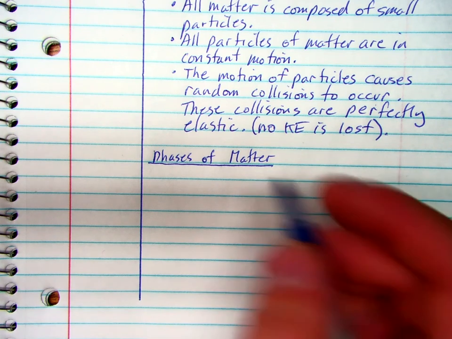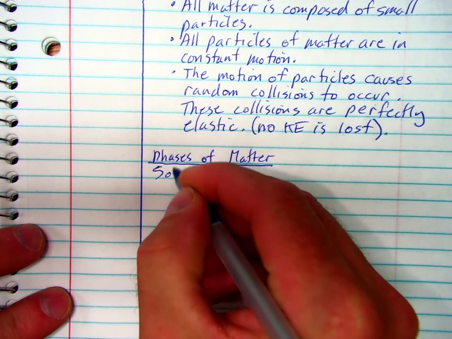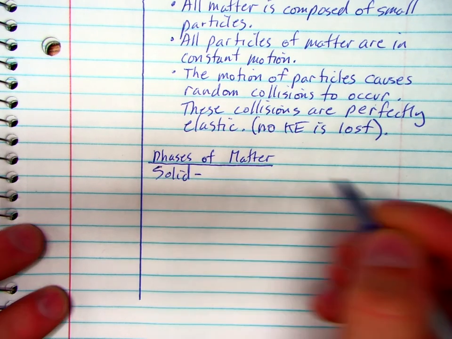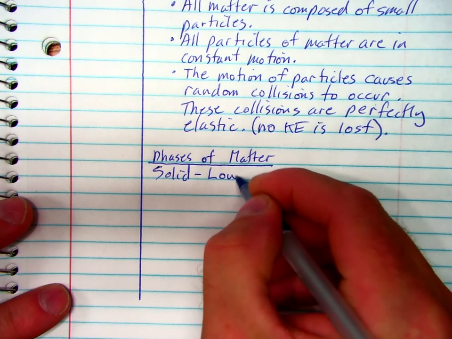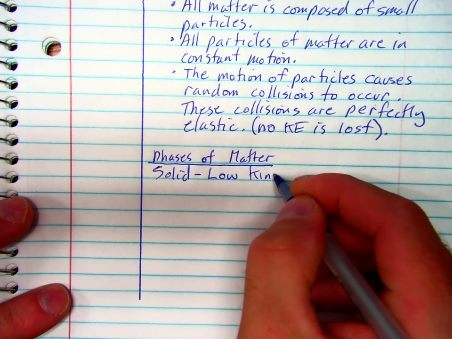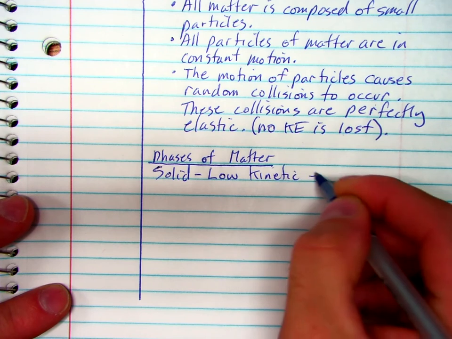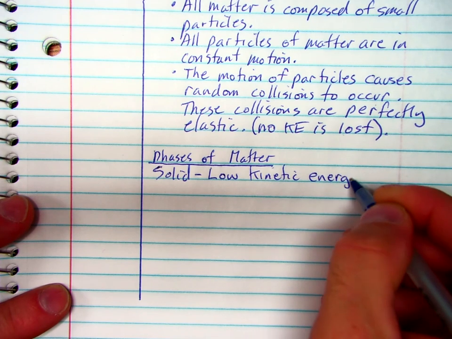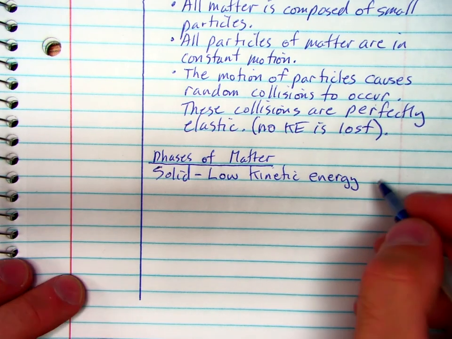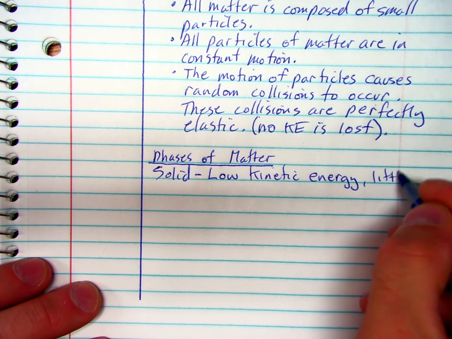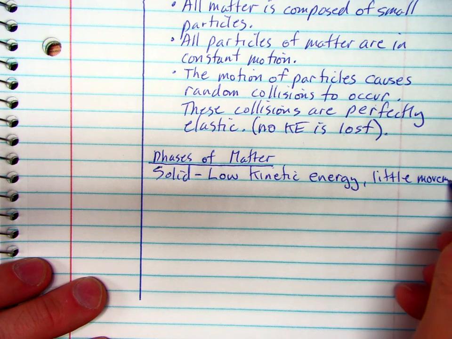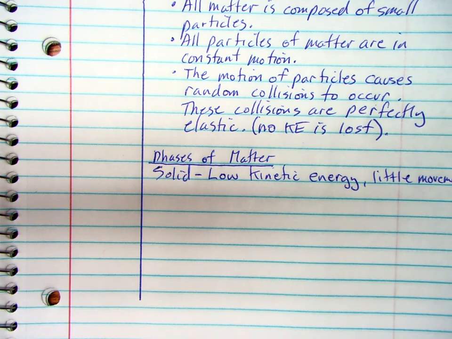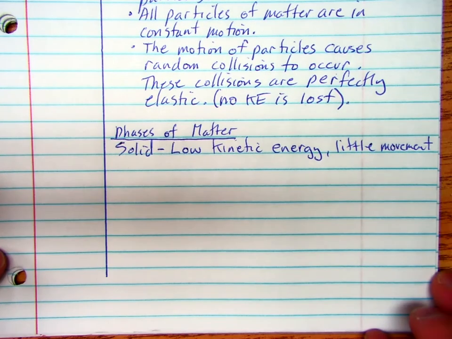Okay, so on a solid phase of matter, you have low kinetic energy of particles. Now this is at the molecular level, at the particle level.